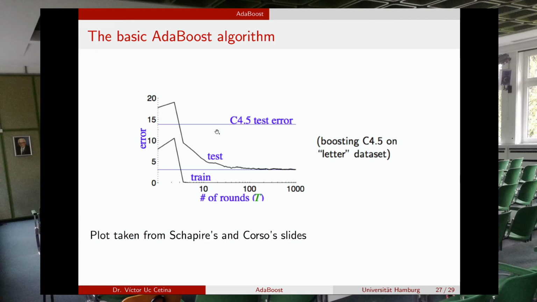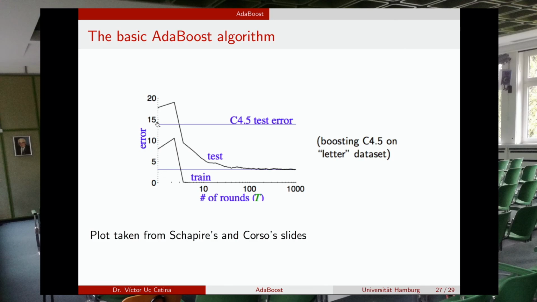And you can see that if you use only the decision tree algorithm, the error gets to around 14. And this was applied to a data set where the problem was to classify letters. So if you use only the decision tree algorithm, the error you will get is something like over here.